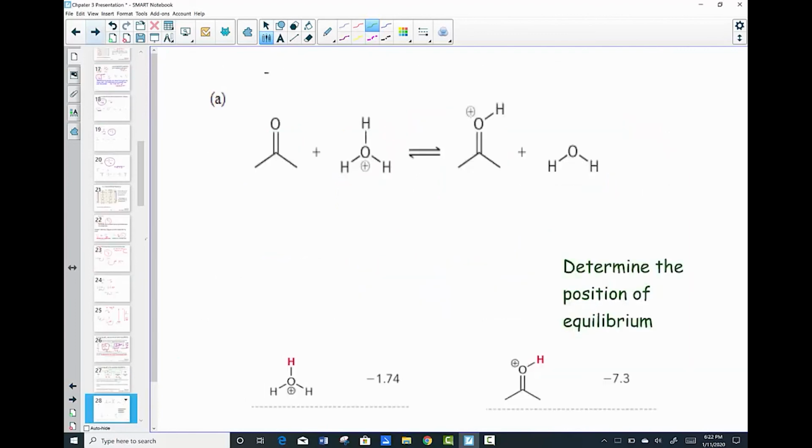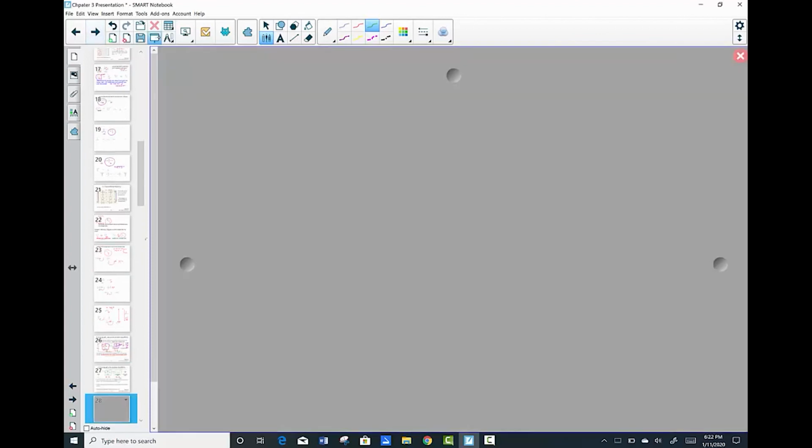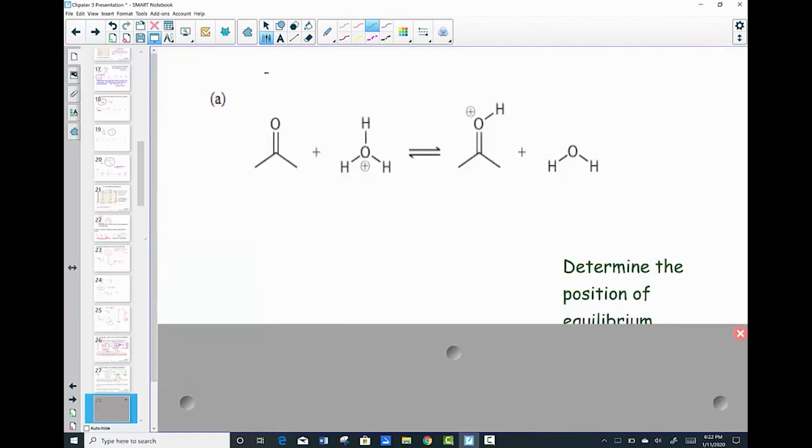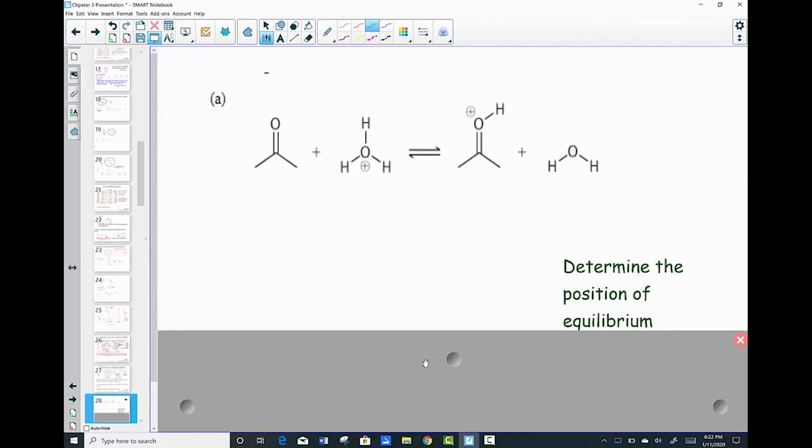Here's some homework problems for you, and I really should have started with having them covered. It's going to ask you to determine the position of the equilibrium. Now, the secret lies in finding the Kas. So I said step 1 is locate the acids, right? Find the conjugate pairs and label who's acting as an acid. Find the acids.